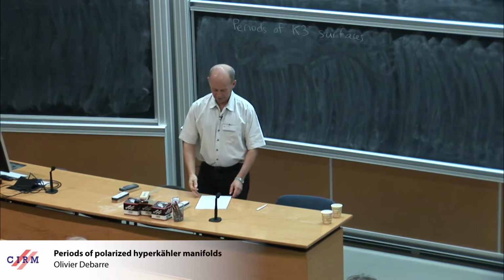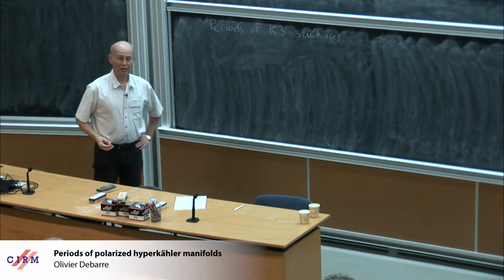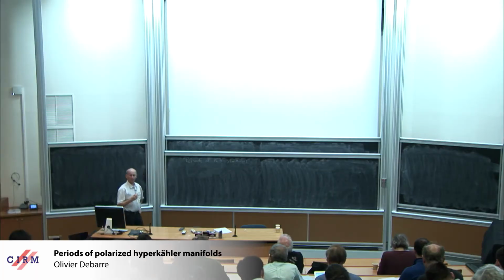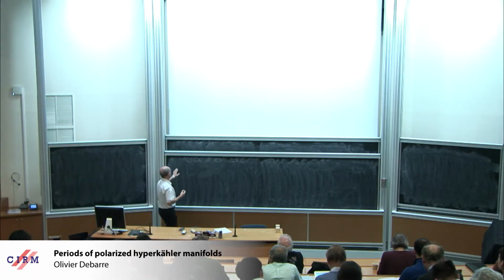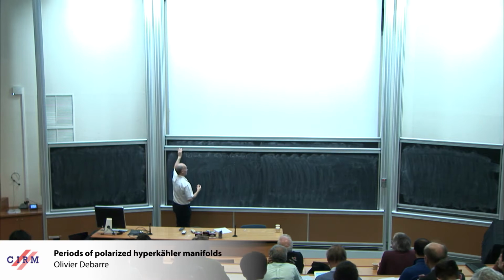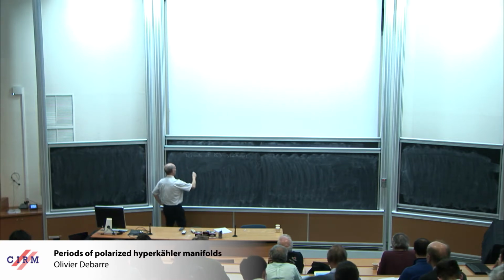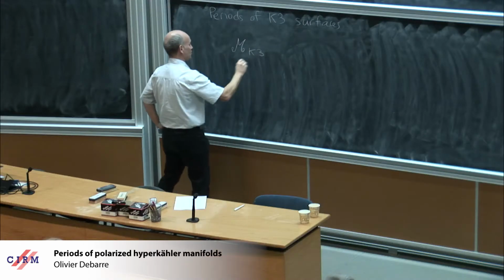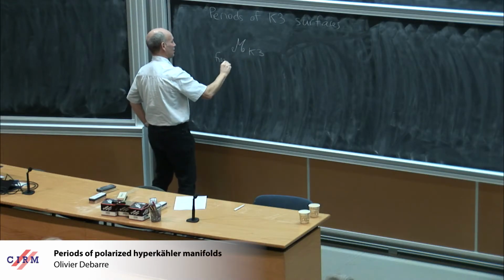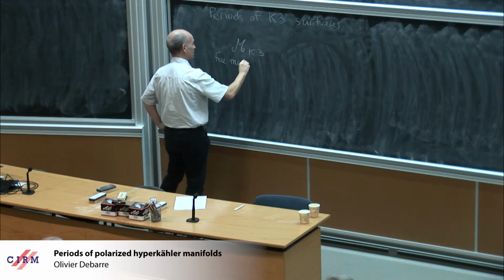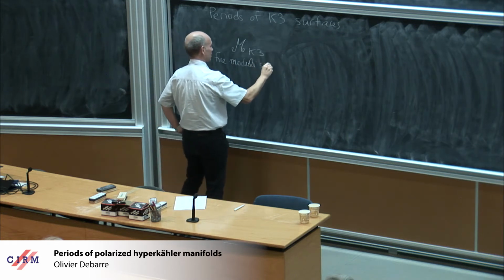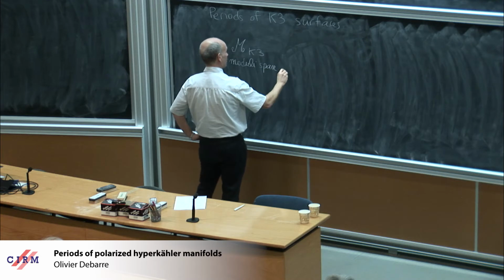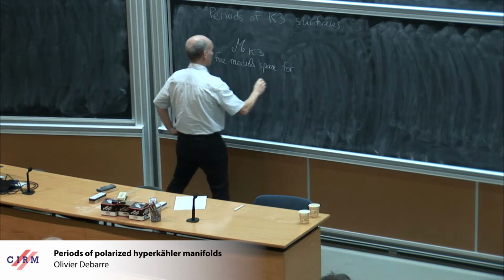Okay, so remember, this morning we saw that for K3 surfaces, or for marked K3 surfaces, there is a fine moduli space, which I think was called MK3. So this is a fine moduli space for K3 surfaces.